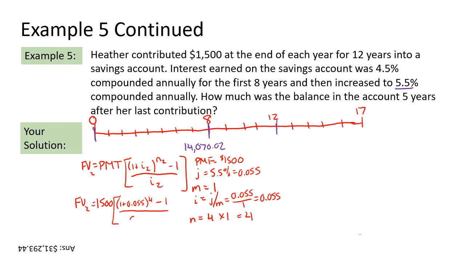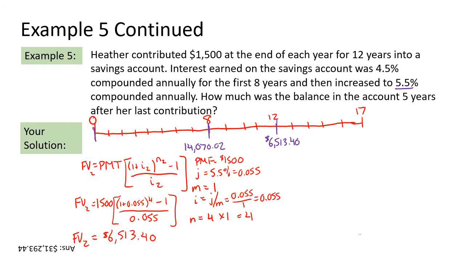So our future value for this second piece of our annuity is $6,513.40. That's the value at the end.